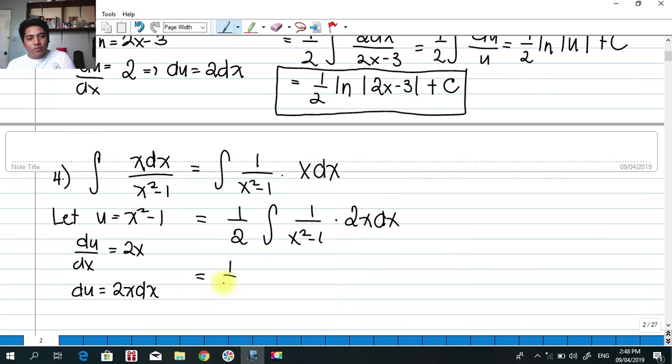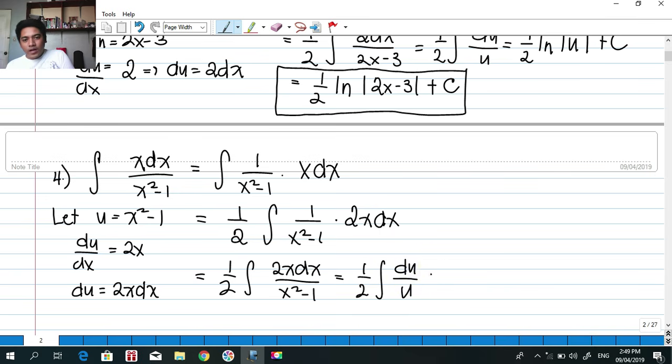And again, 1/2 the integral of this is simply 2x dx over x squared minus 1. So simply by u substitution, that is 1/2 the integral of 2x dx, that is du, because 2x dx is equivalent to du, over x squared minus 1, that is equal to u. Okay, then again, du over u or dx over x or dy over y is simply the natural logarithm.